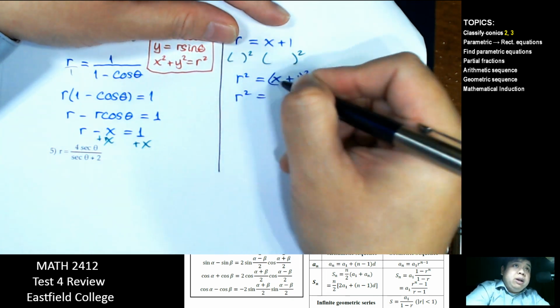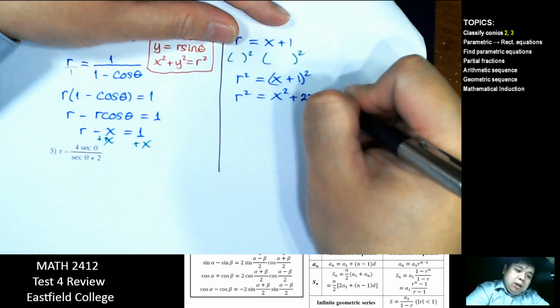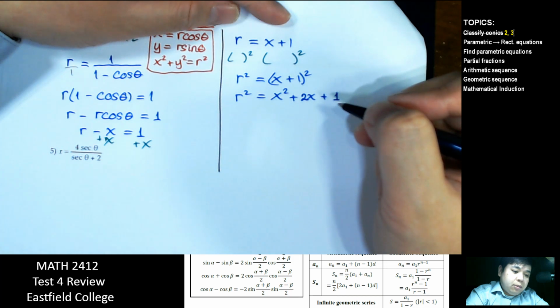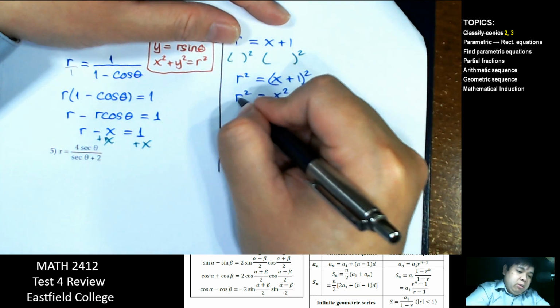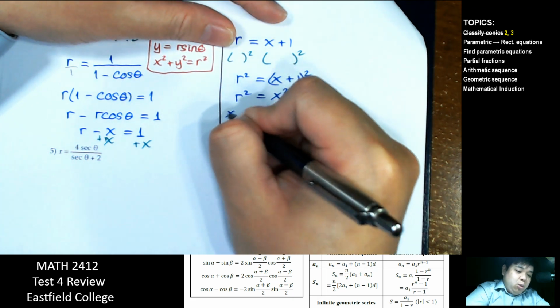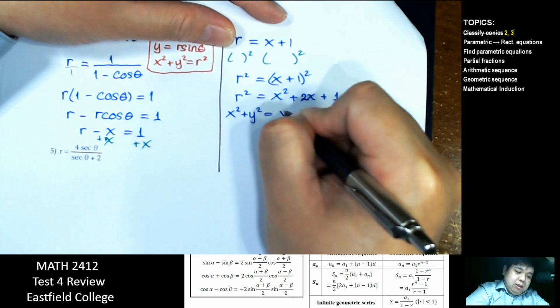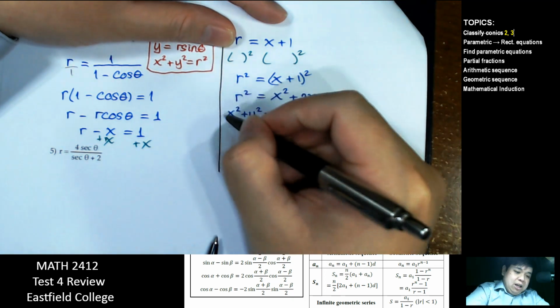And the square will be x squared plus 2x plus 1. Right? And move the x squared over. But first, we use r squared is x squared plus y squared. And we cancel that on both sides.